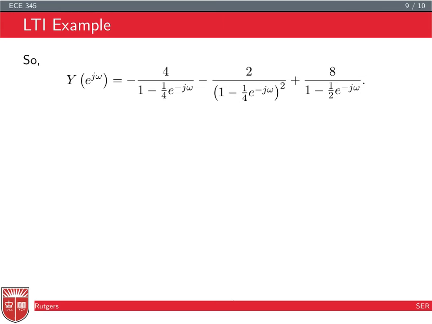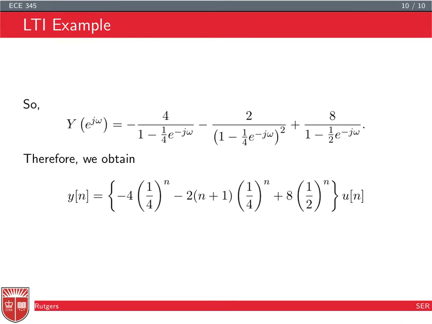Now that I have the DTFT of the output written this way, I can try to find the output in the time domain y[n] by inverting each one of these terms. And if I do that, what I will get is the following. You can see here that this term, let's call it in yellow, is easy because it's a geometric series, which is (1/4)^n u[n].